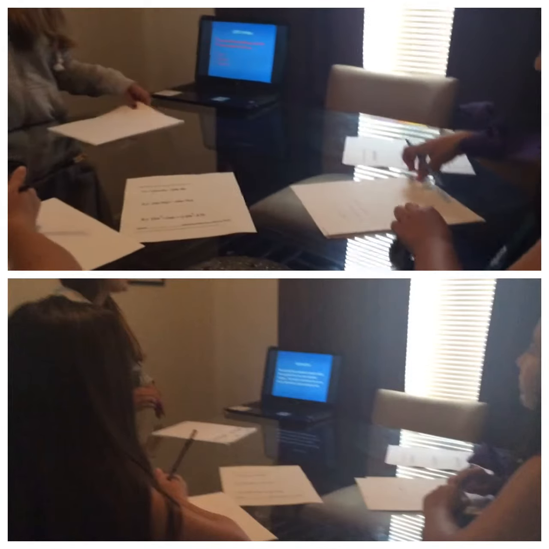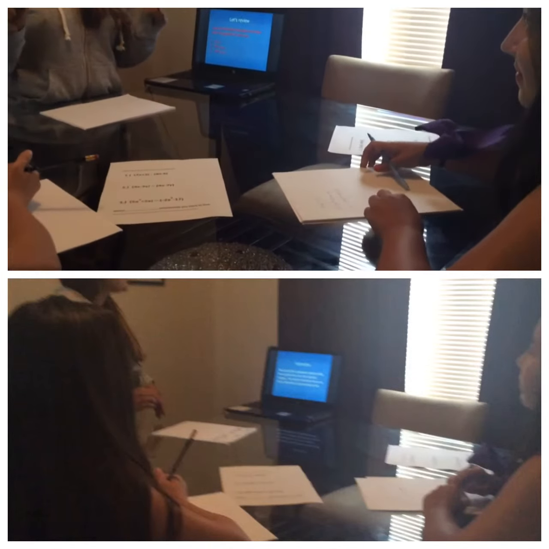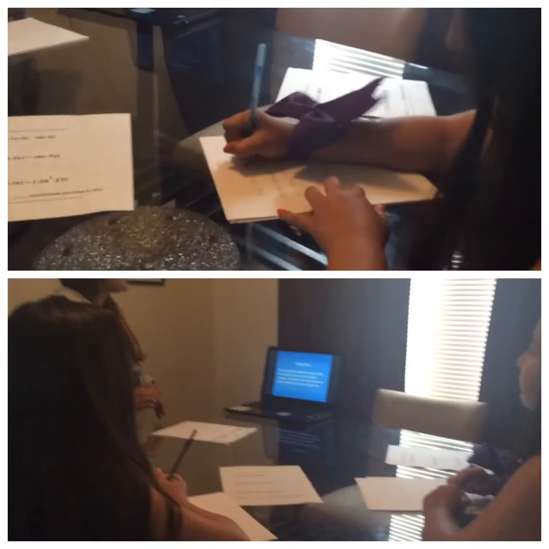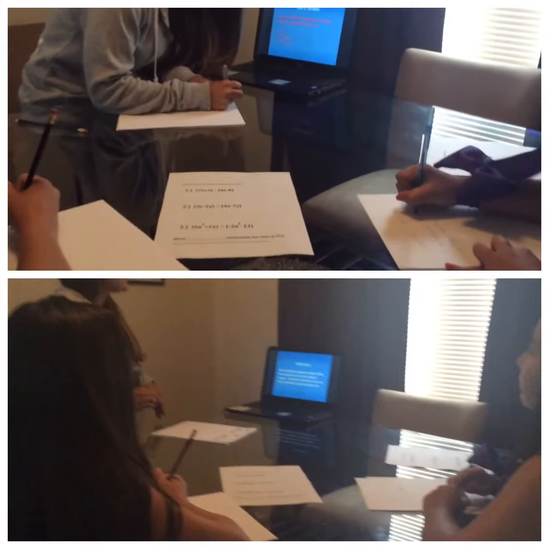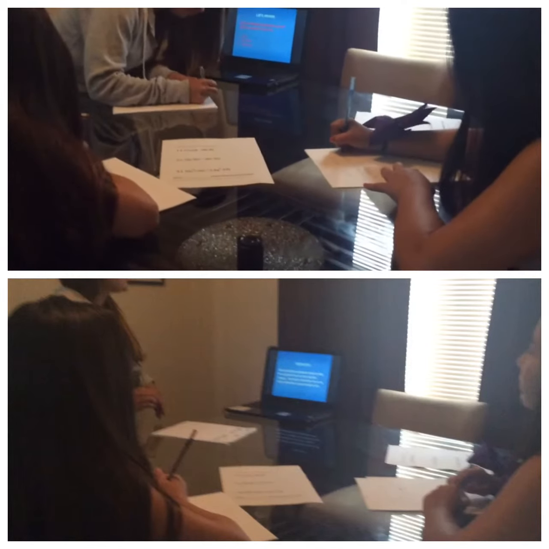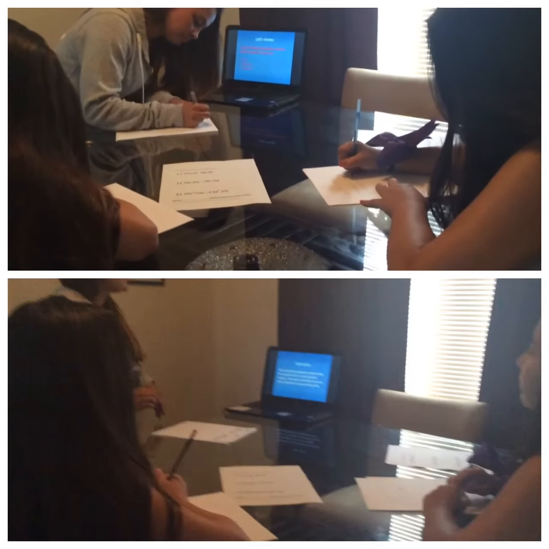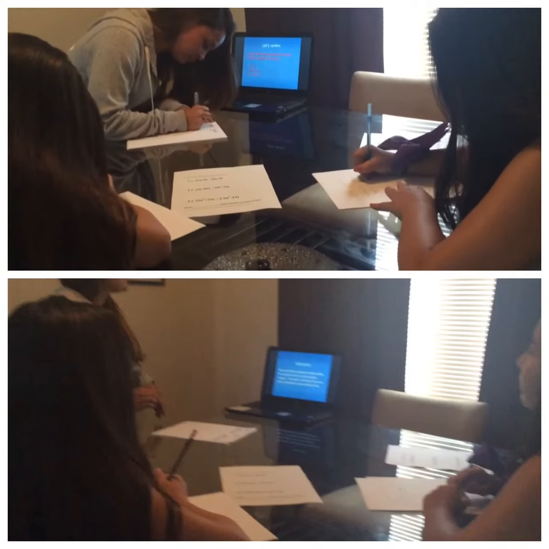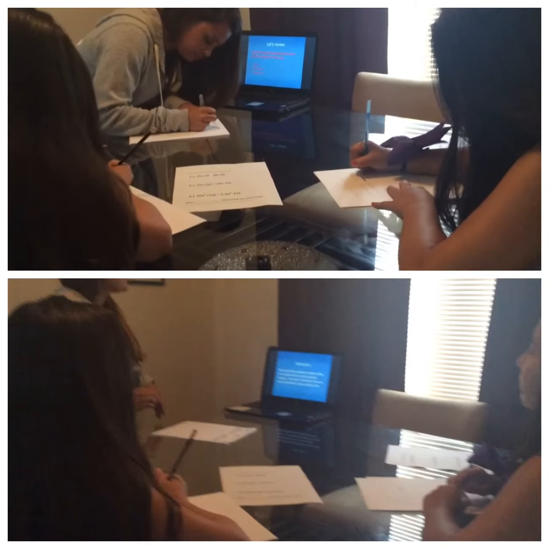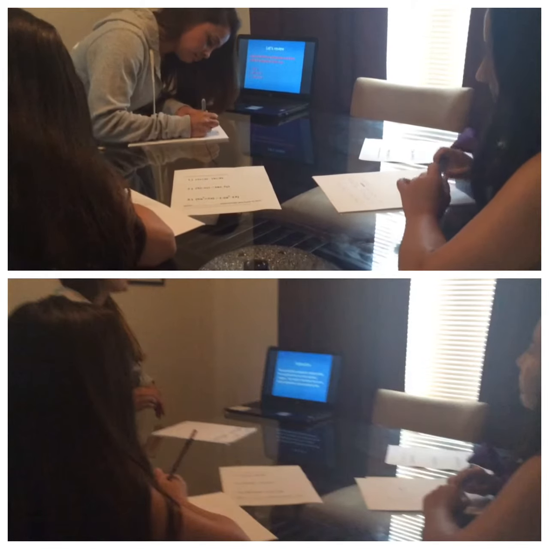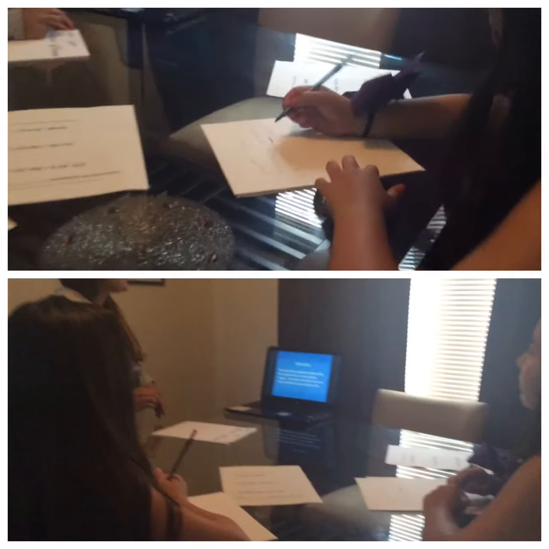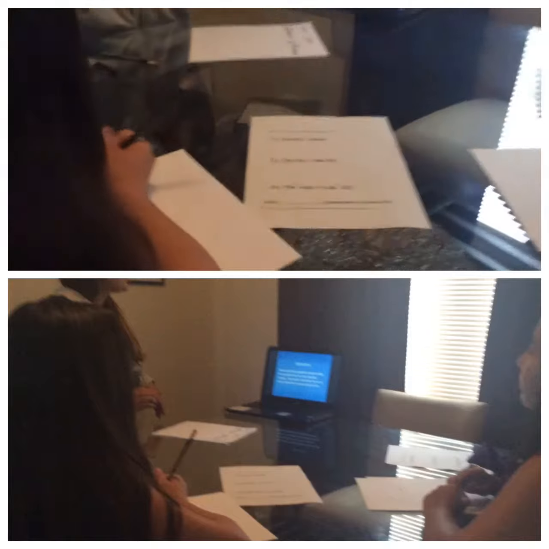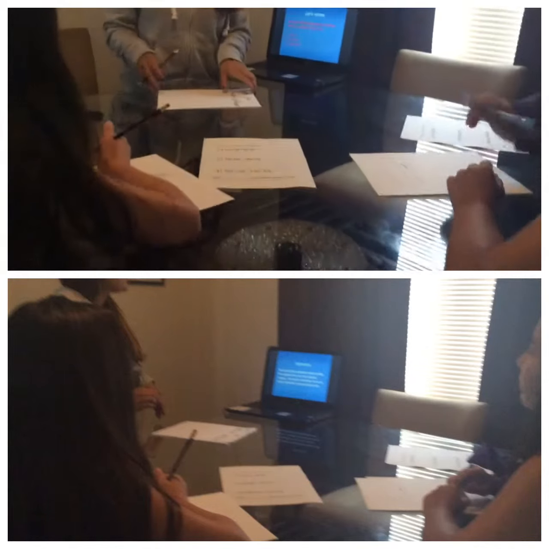Okay, so I want you to go ahead and by yourself change the signs, and then check them with your partner to see if you did them correctly. Okay, with your partner, go ahead and check them.